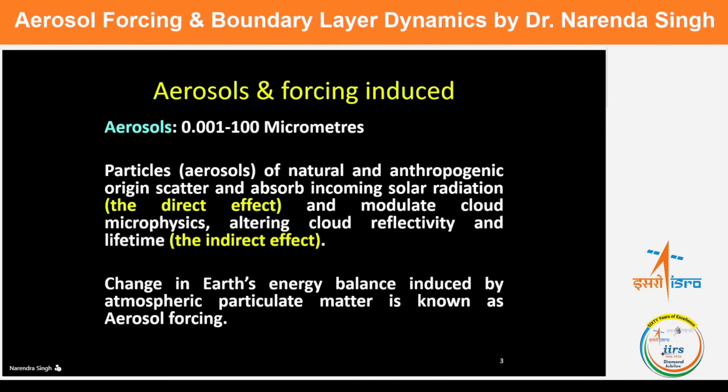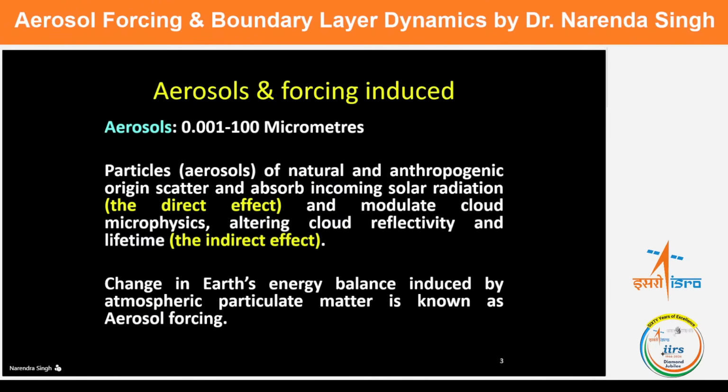These particles, which we call aerosols, are of natural and anthropogenic origin. Generally, natural things don't harm people or the environment much, but anthropogenic things are definitely affecting our life or our environment in some way.